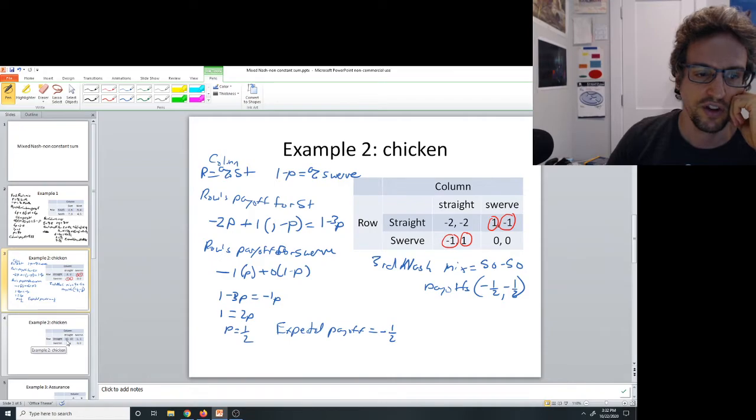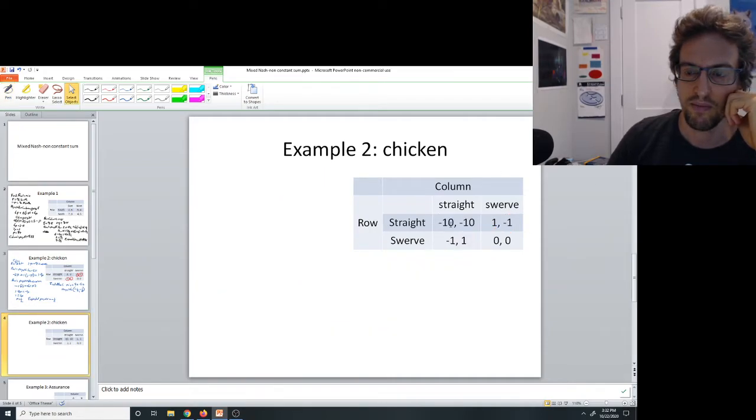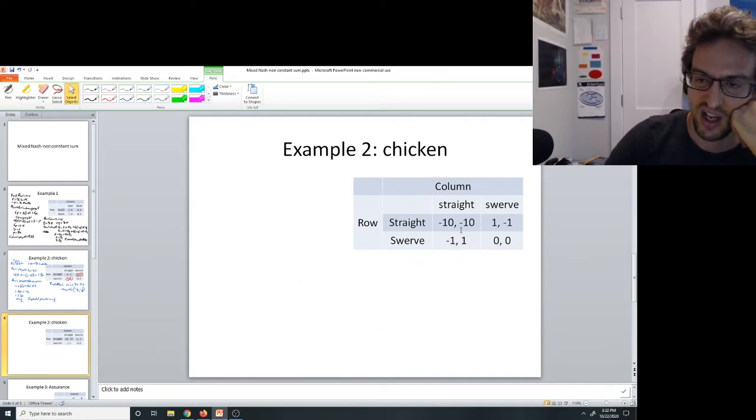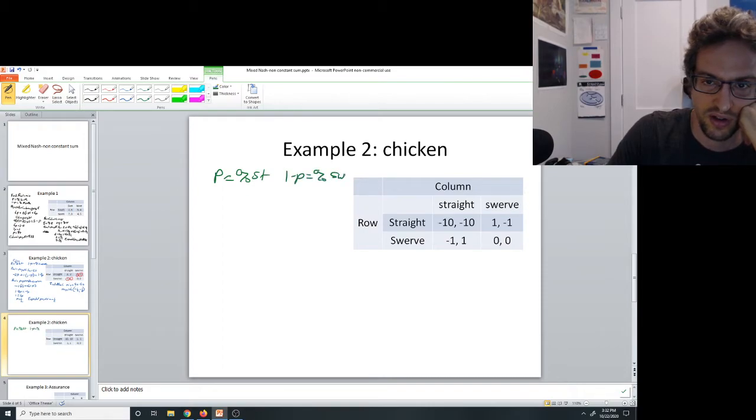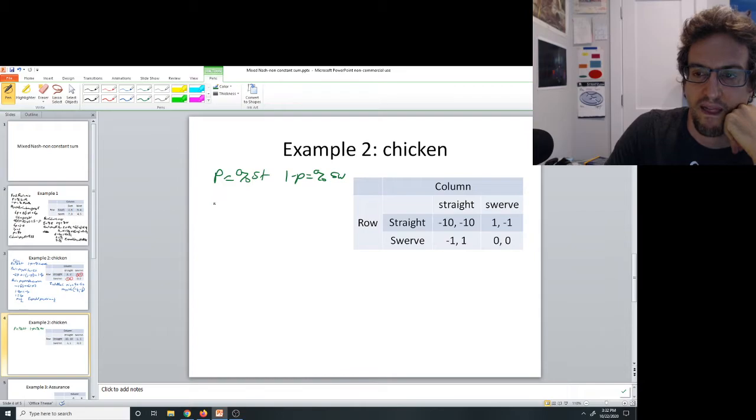All right, let's look at another version of chicken where I've made the payoff for going straight much, much worse. Now it's -10, -10. Okay, so we're going to do the same thing. So P is percent straight, 1 minus P equals percent swerve. Okay, so then the payoff, so this is for column again. Column's mix, and row's payoff.